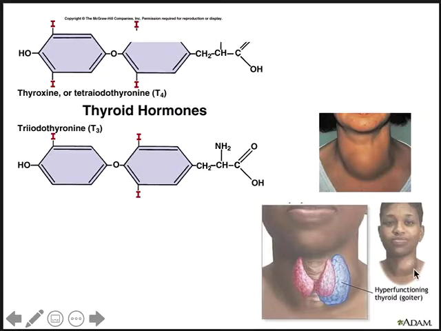And so we have an image of a goiter here and here. They can get very, very large. You could Google that for your own curiosity. They can be much smaller than this, right? And then they can get very large. And like I said, you just need the iodine, and you don't have to have a goiter.